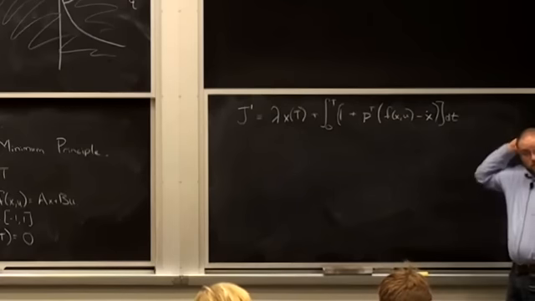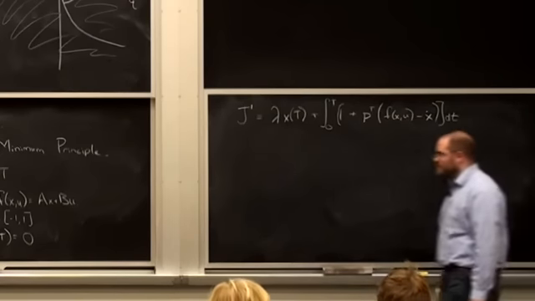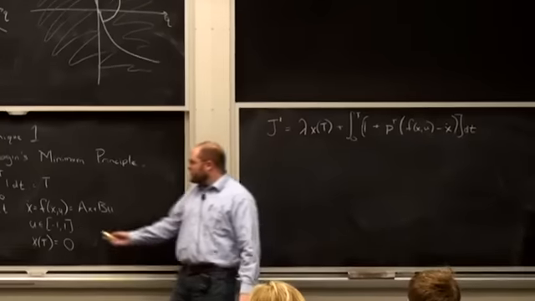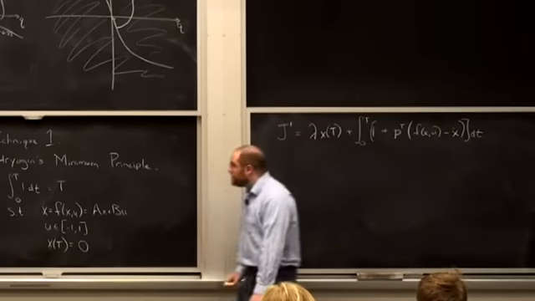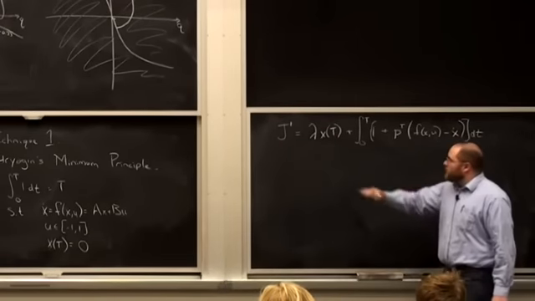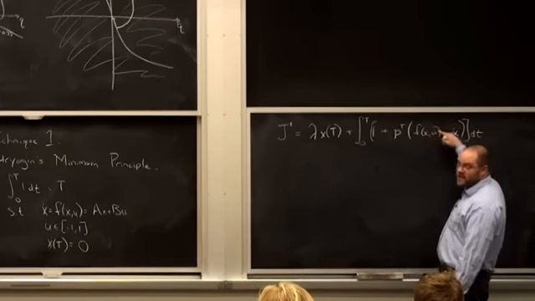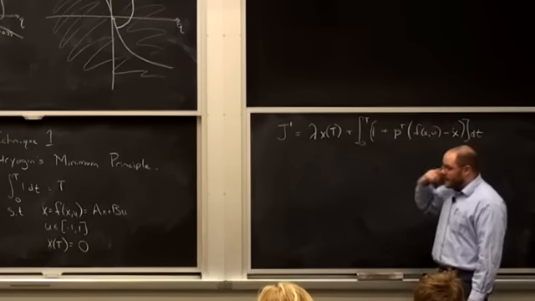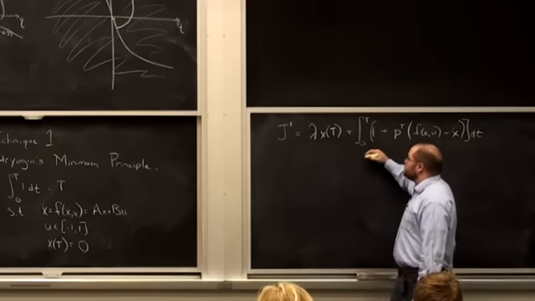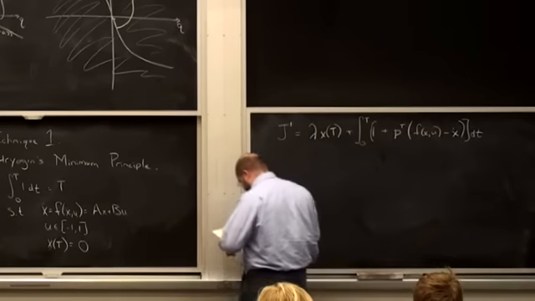Yes? How do you impose the constraint that u is bounded? Good question. What we want is to verify that this thing is optimal. You might want to put that constraint right in here, but it's more natural to do it another way.